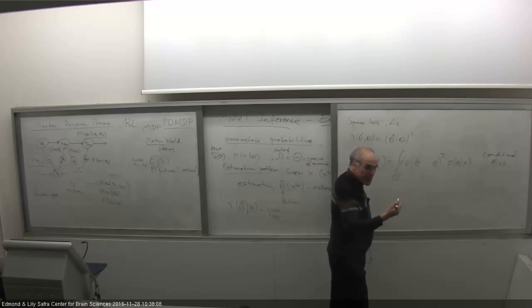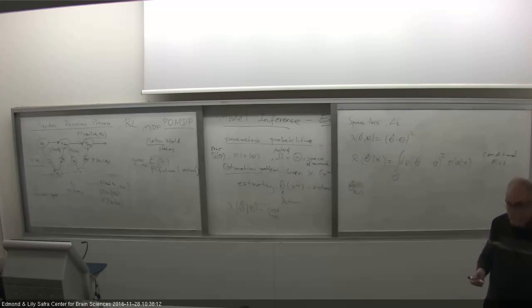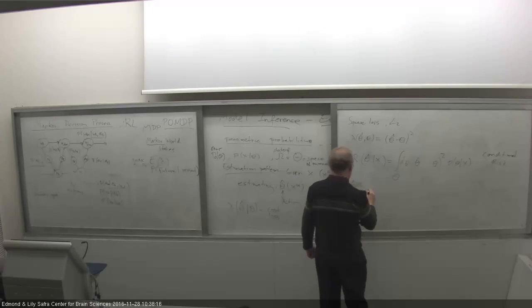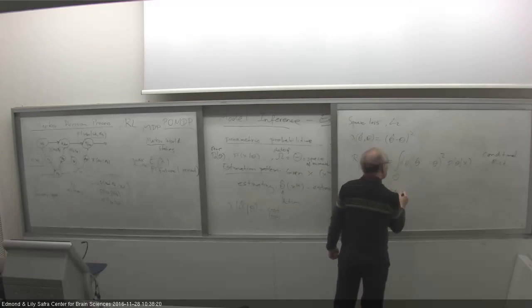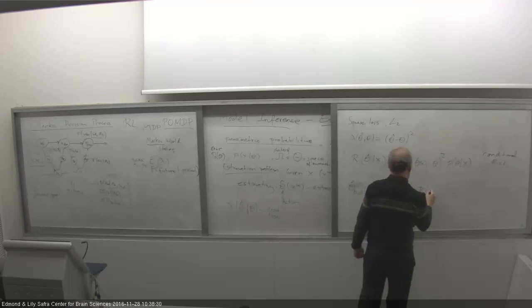So it's Bayes optimal with respect to the cost L2, which is the quadratic cost. This is a funny notation, but it will help me. So theta hat of x is simply the argmin over all possible theta hat of this R of theta hat given x. This is always true.